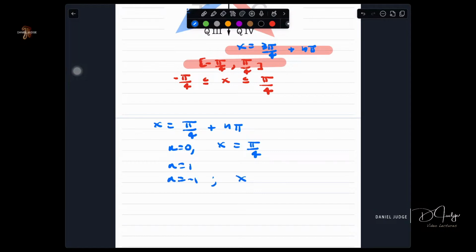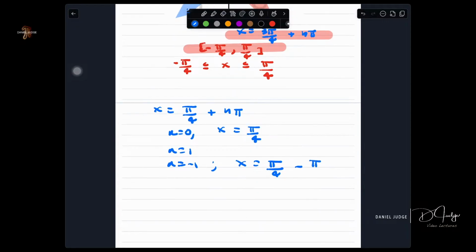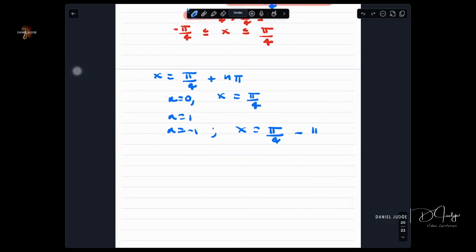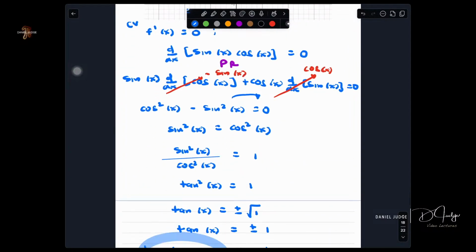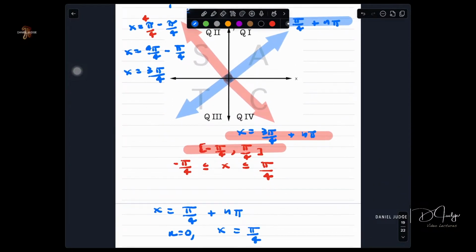And if we do that, we get pi over 4 minus pi. And I take that back. This is pi, not pi over 4. So let me rephrase this. This is not the interval. Sorry, I was looking at our solution. This is the interval, negative pi to pi.